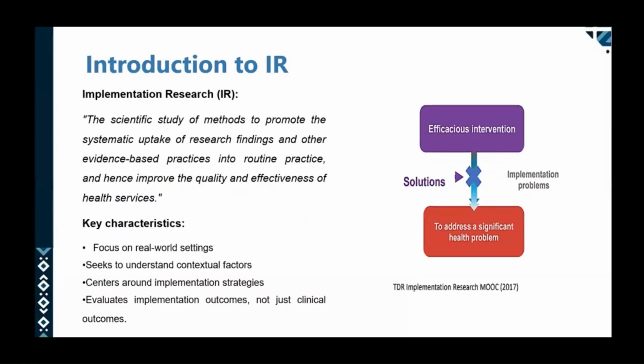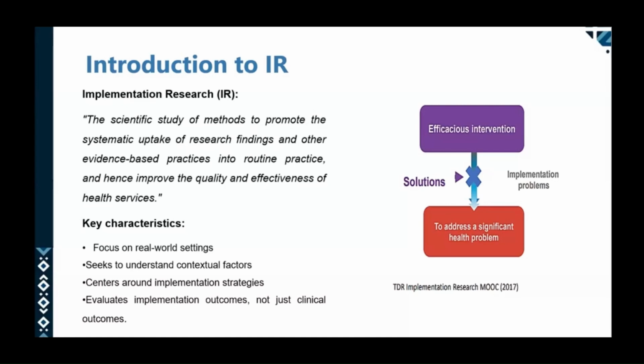So we're going to be using implementation research now to be able to know why this is not working, or even if it's working, how can we see how to improve on it, that's to scale it up, and how can we make sure that it's used for the purpose for which it has been intended.